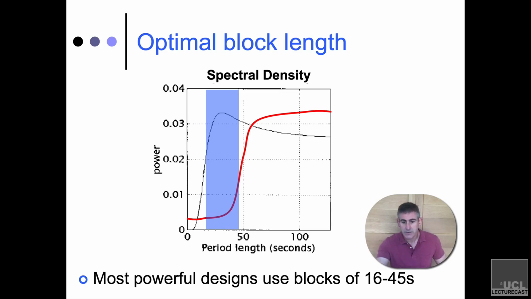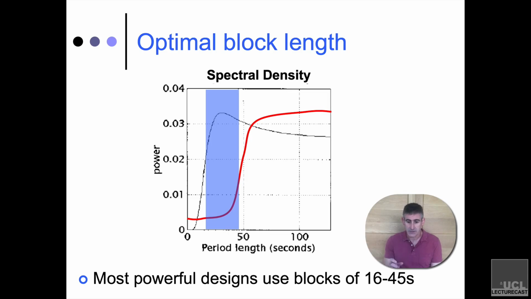So what you want to do is look for the area where the black line is highest while the red line is lowest. And it turns out that that falls within 16 to 45 seconds. Okay, so what we're saying there is block lengths that are between 16 and 45 seconds are optimal for detecting signal and reducing the influence of noise in your experiment.